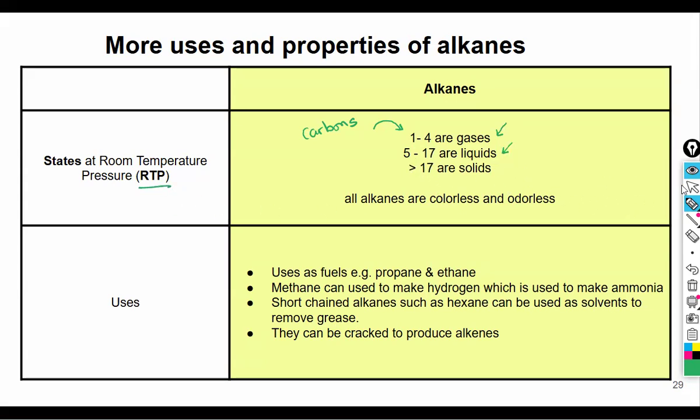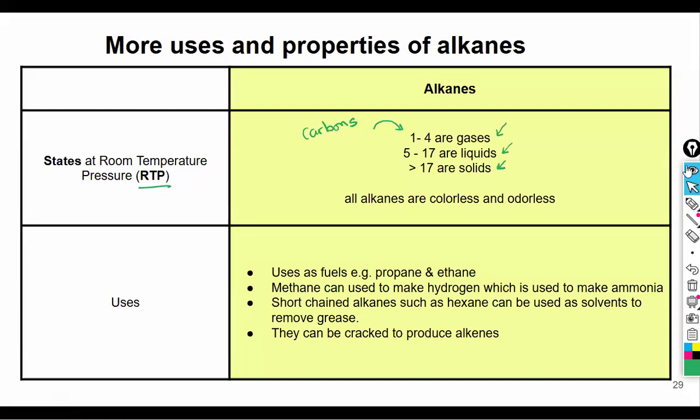And anytime it has more than 17 carbons, well, they'll never ask you to name those, obviously. You just have to be able to quote it. Anytime it has more than 17 carbons, it's a solid. Now remember, this is at room temperature.